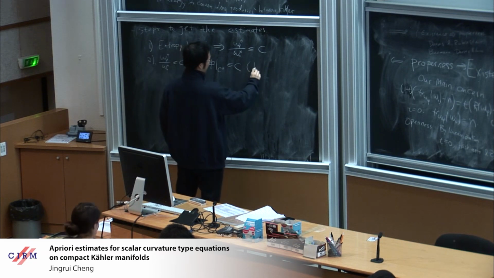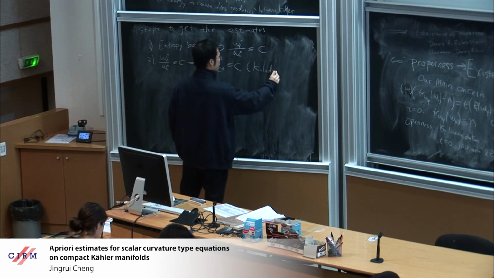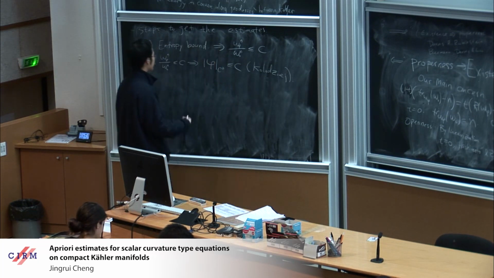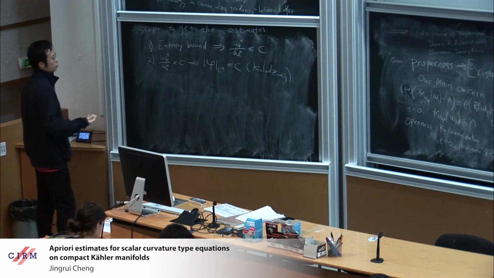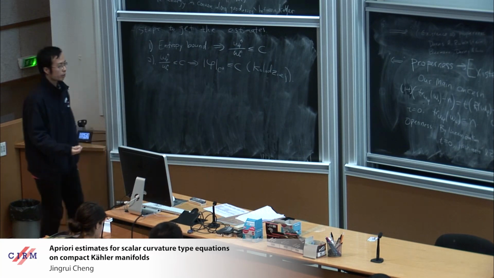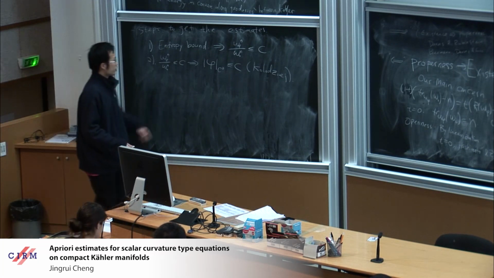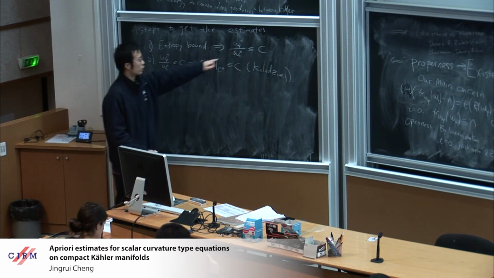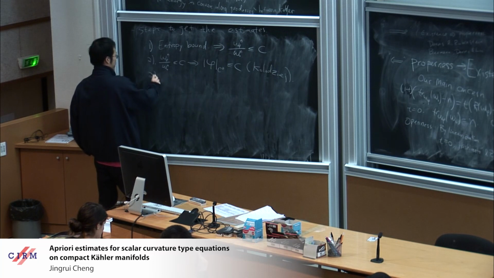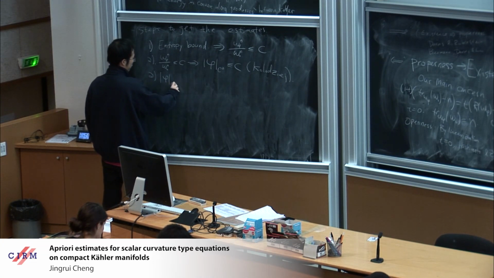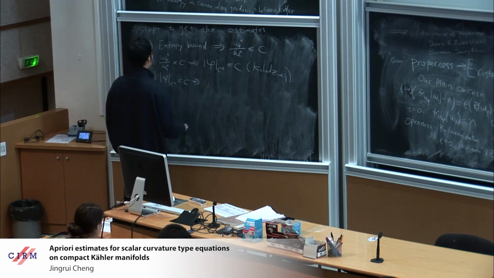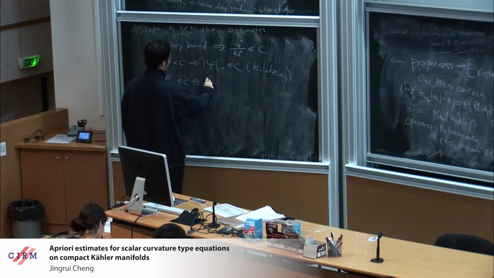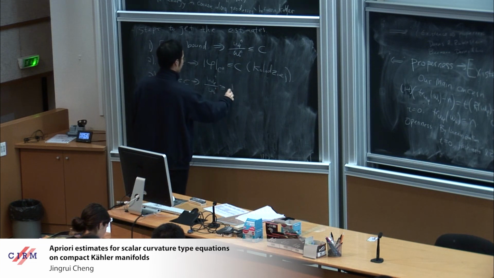This follows from the work of Kolodziej, for which actually he just needs the volume ratio to be in L^p for p bigger than 1. And then once you get the Kähler potential is bounded, you can get the lower bound for the volume ratio: omega phi to the n is bigger than 1 over C.